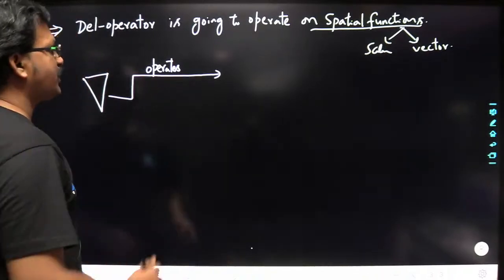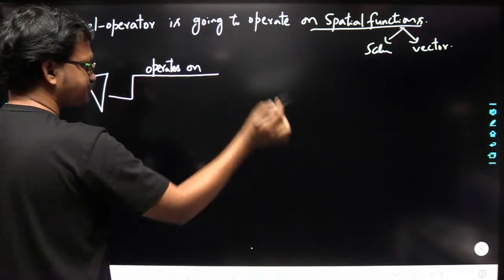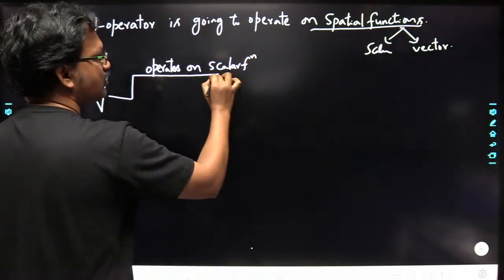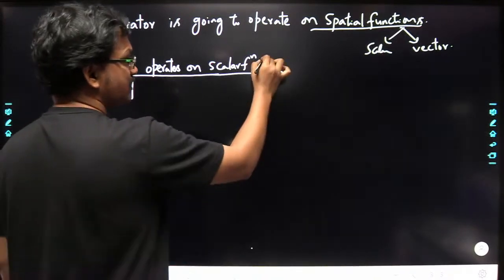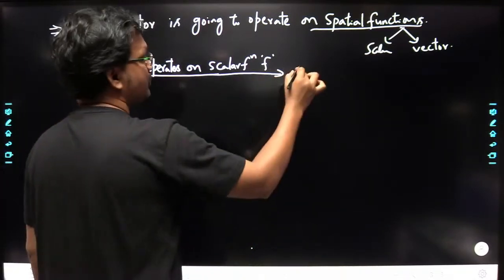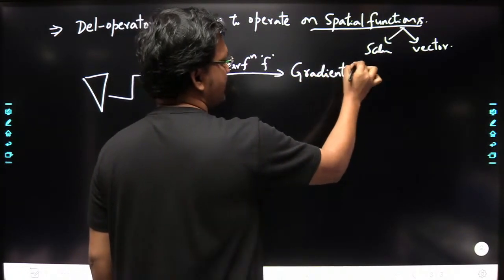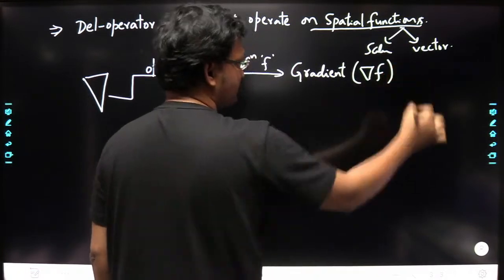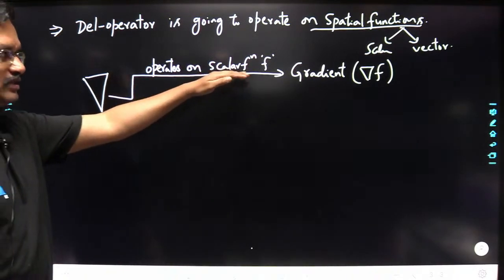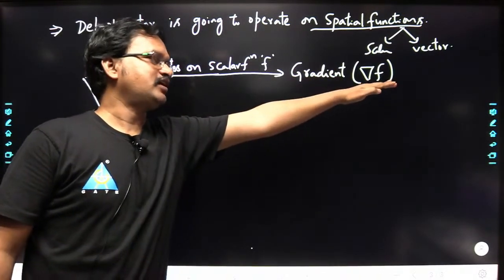When the del operator operates on a scalar function, let us say f, it results in an operation called gradient, which is represented by gradient of f.